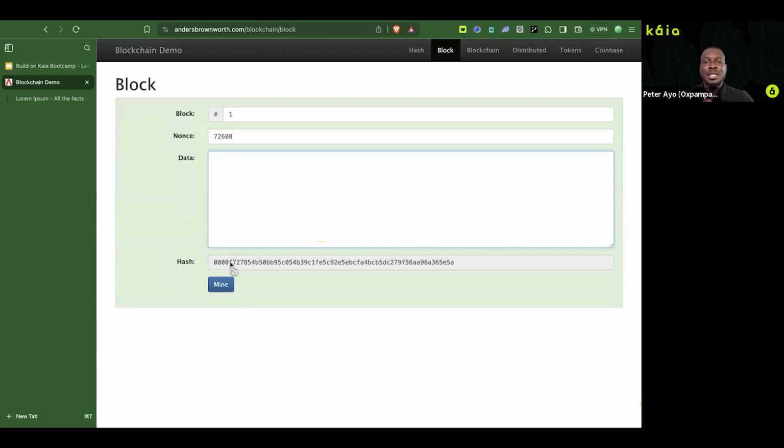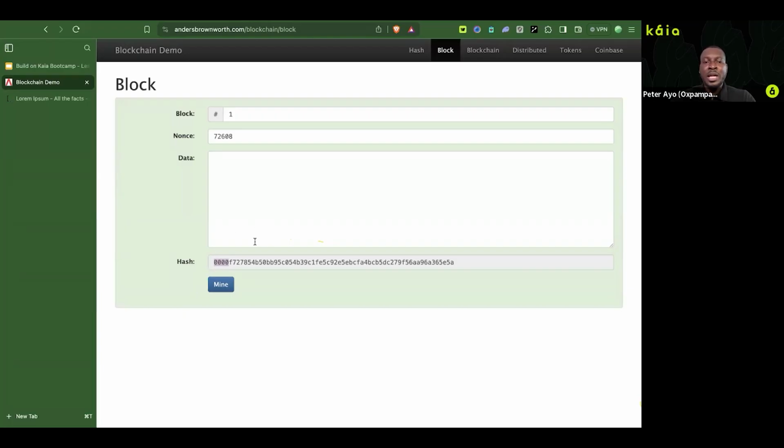And what that means is that they need to find a particular value that helps return a hash function with 4 leading zeros. Now, if you can find a nonce that can provide a hash value of 4 leading zeros, I know that my transaction has been mined, or I'm successful as a miner, right?